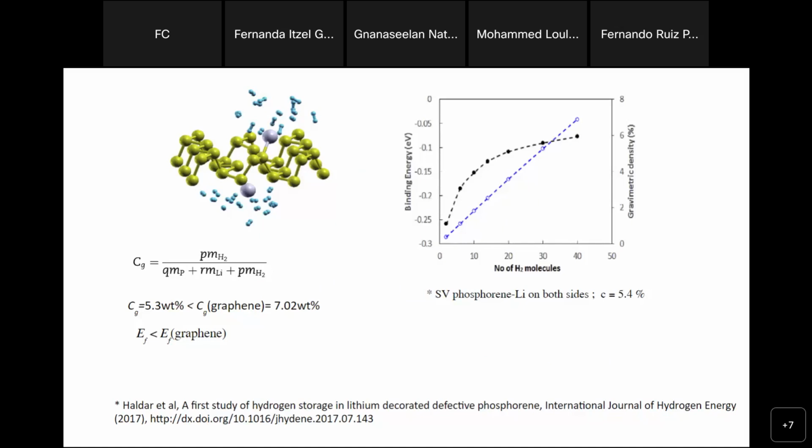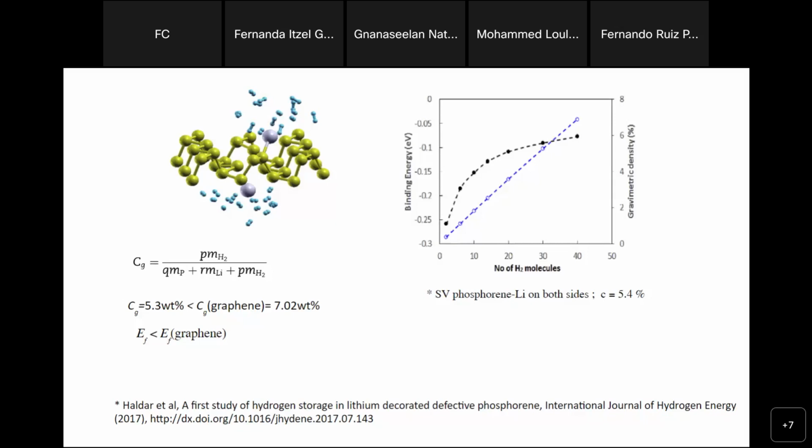But it is worthwhile to mention that the formation energies of defects in phosphorene are less than the formation energies in defective graphene. So in phosphorene, we need less energy to create defects.